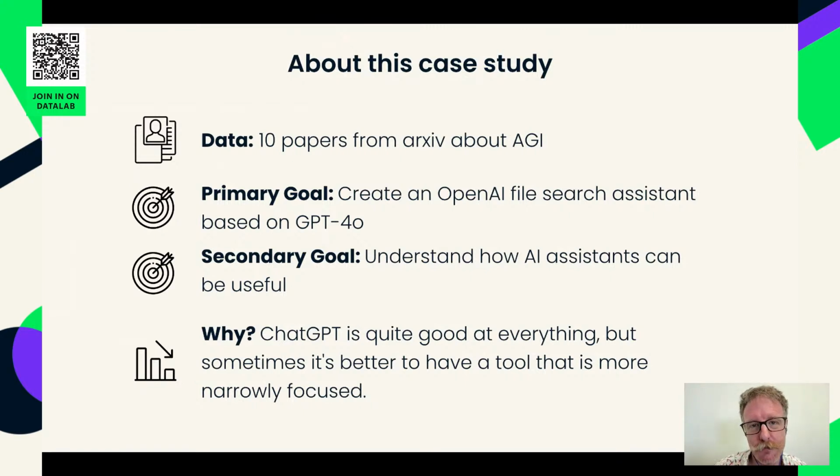It only has to generate a much narrower amount of text. You want it to be focused on one particular task, which in this case could be helping your customers. So this is why assistants are useful. You don't want them to do everything. You just want them to do specific things. In today's example, we want it to read PDF papers from arXiv and tell us about AGI, a much narrower task.